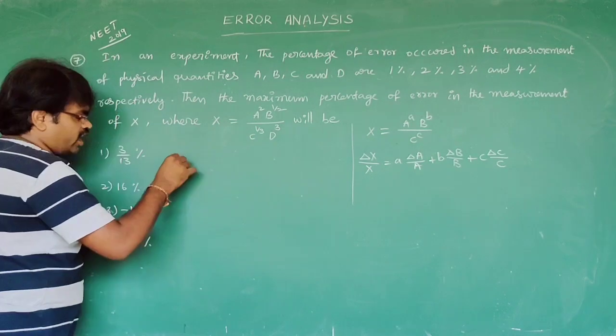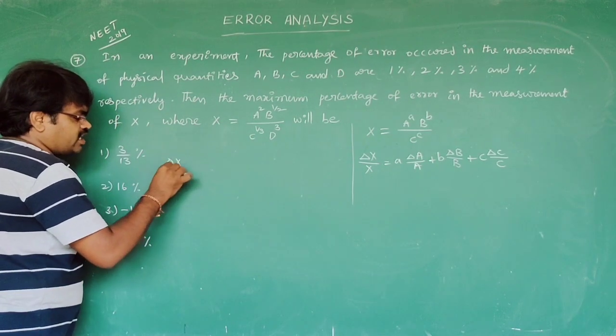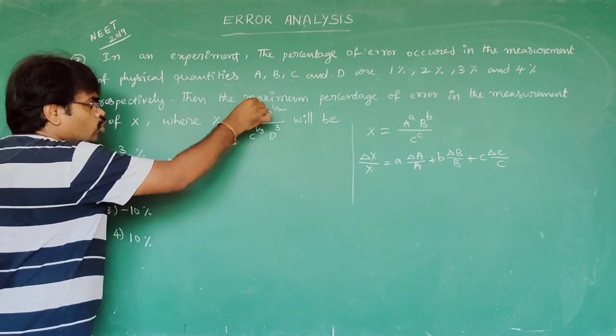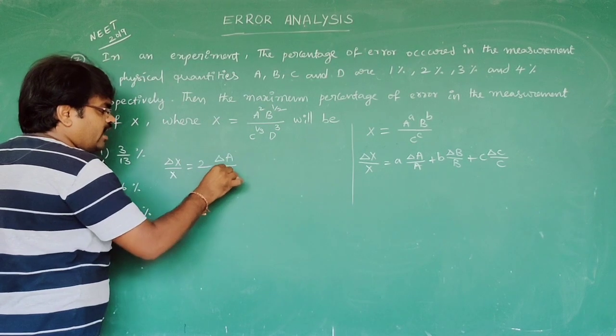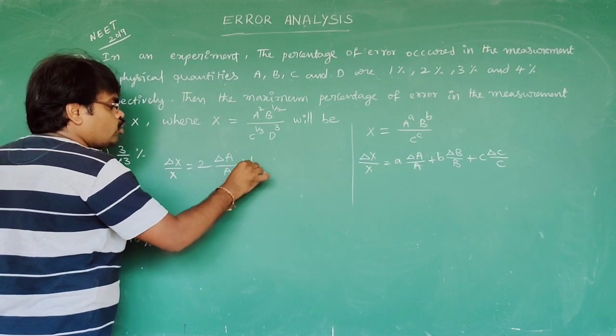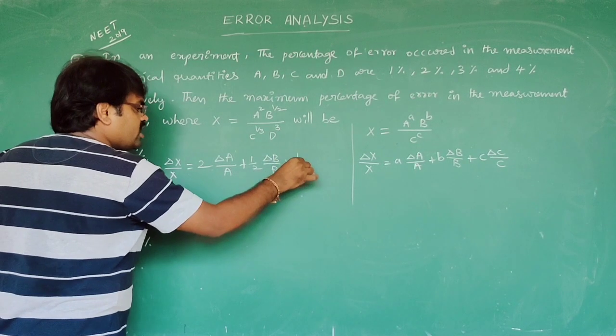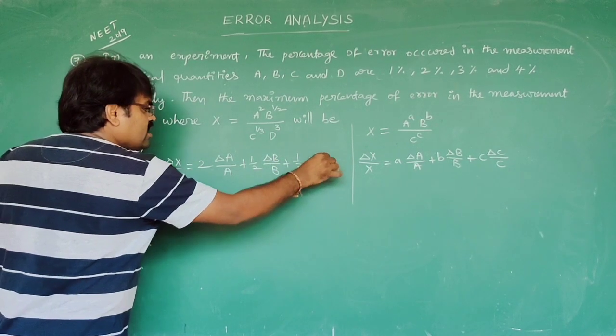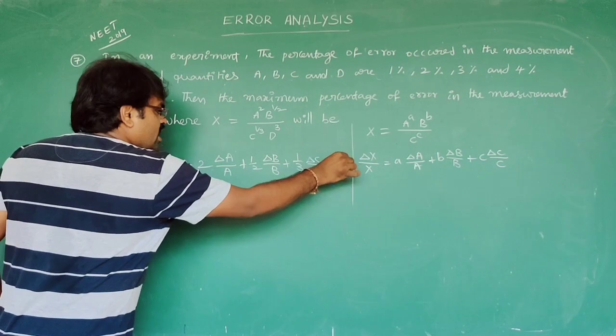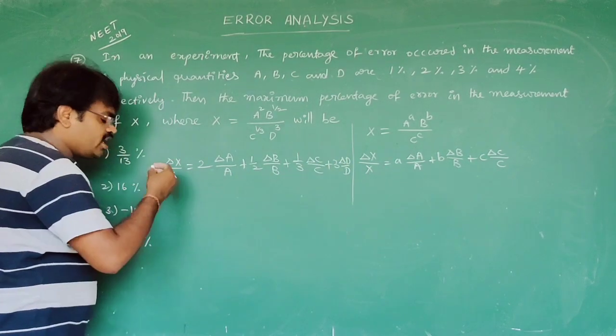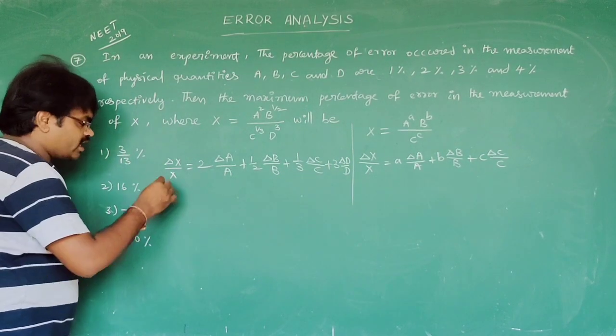Now here also we can write delta x by x is equal to 2 into delta a by a plus 1 by 2 into delta b by b plus 1 by 3 into delta c by c plus 3 into delta d by d. It is multiplied with 100.